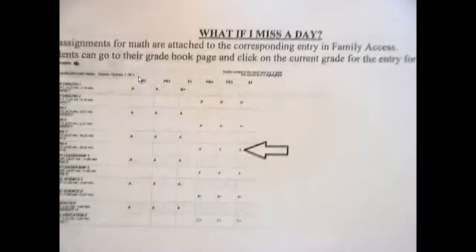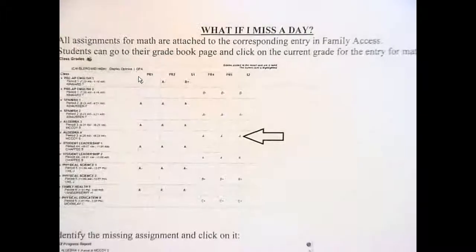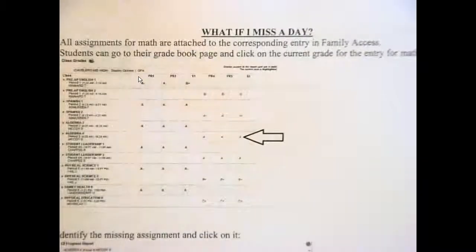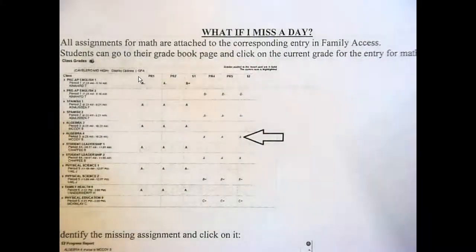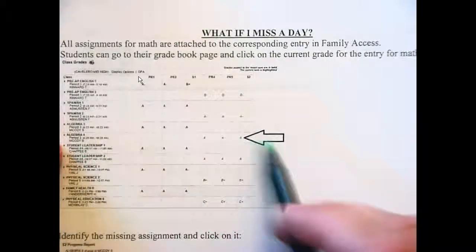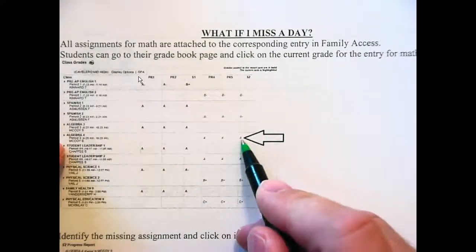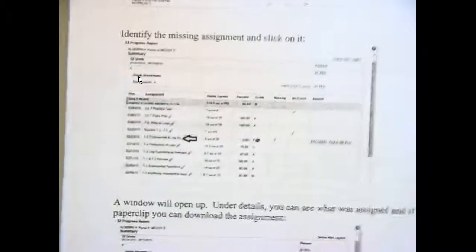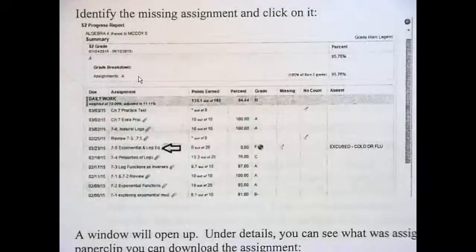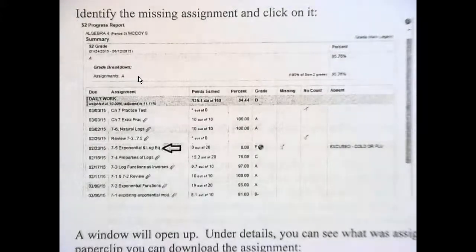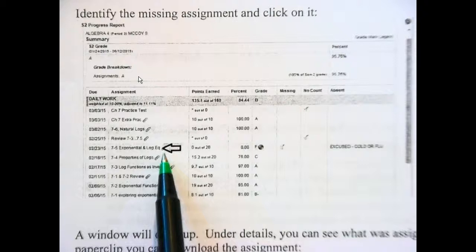Once again, you're keeping this in the front of your binder as a reference. So if you miss a day, you log on to Skyward. You find your math class. This is an Algebra 4 class, but you click on the grade. That grade will then open up all your assignments for that class. You find the desired assignment that you want the copy for. You click on it.